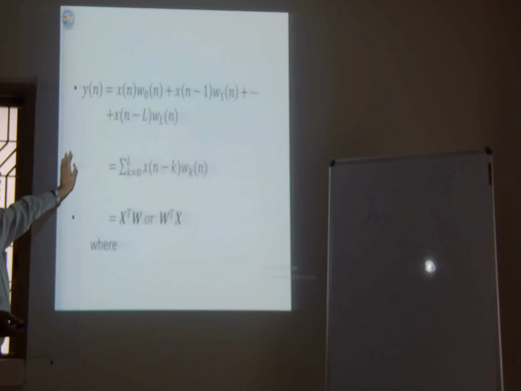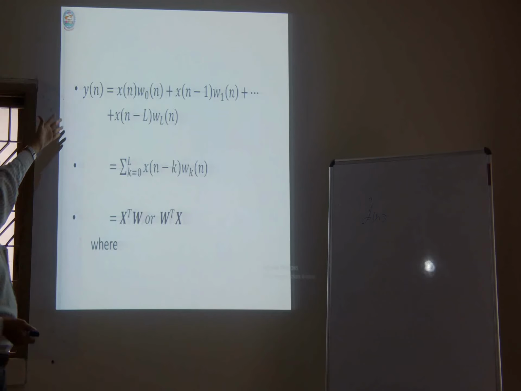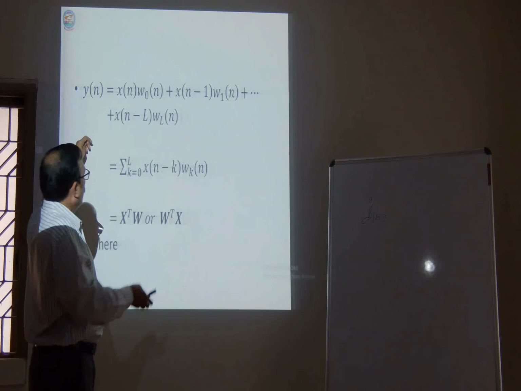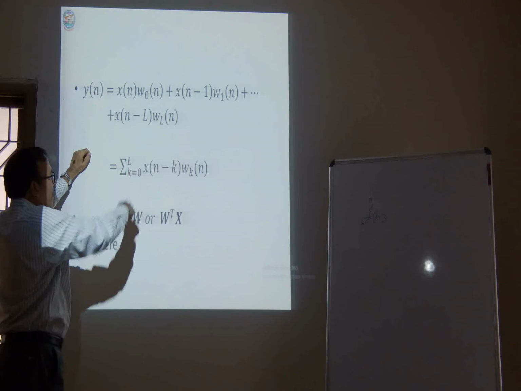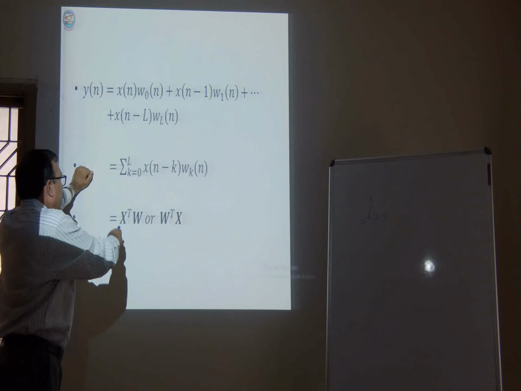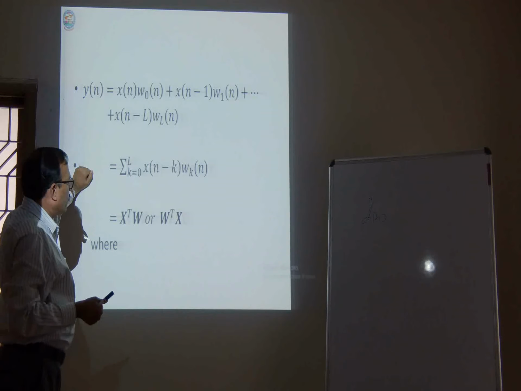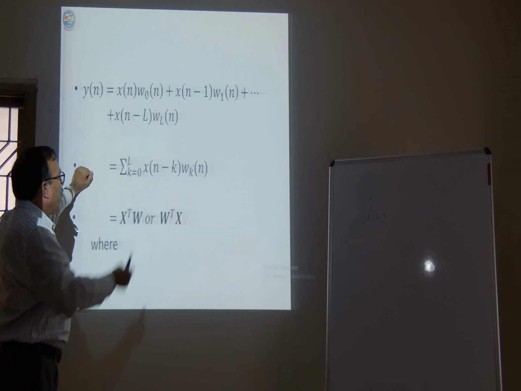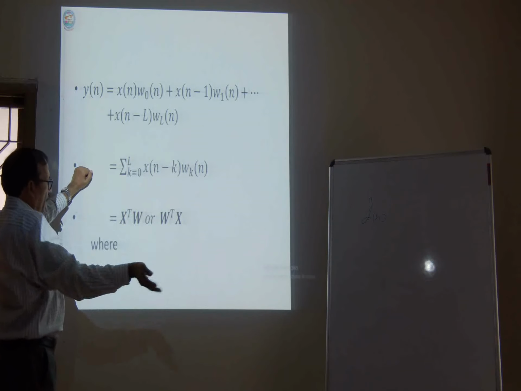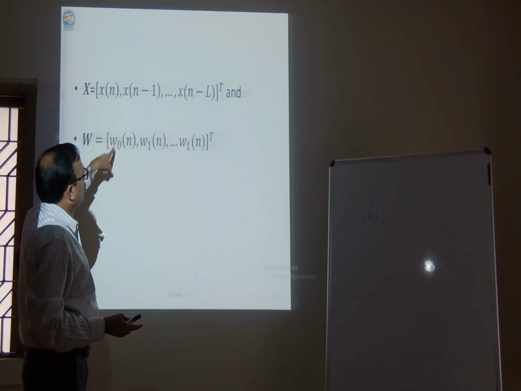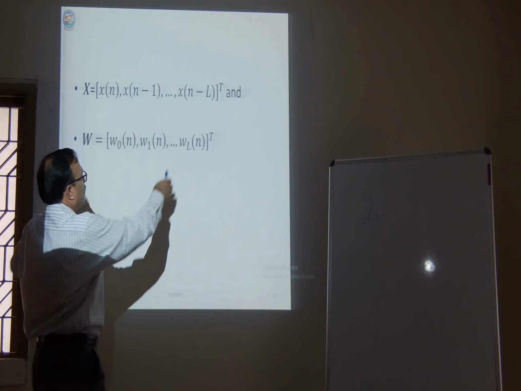Next. So here what I told is that yn is expressed in terms of the input and weights. So this is the compact expression, and this is the expression in terms of matrix, where x transpose means x transposed, where x is the L plus 1 by 1 matrix, which is xn, xn minus 1, xn minus 2, up to xn minus n.